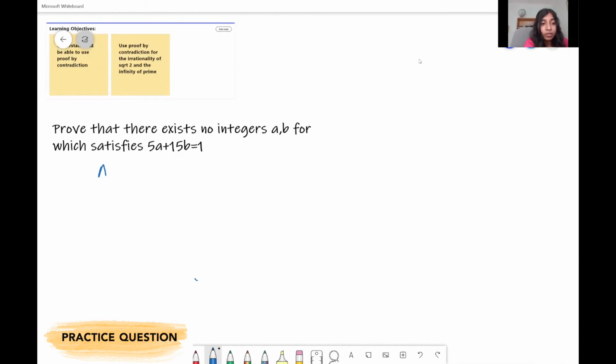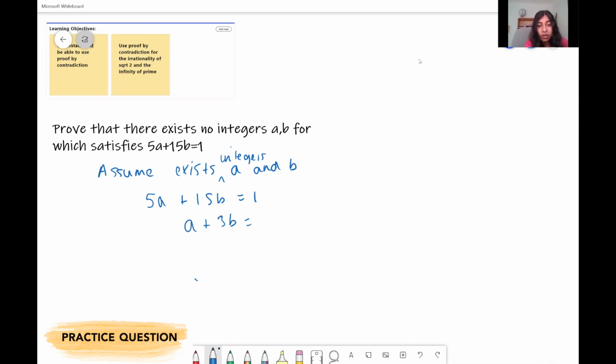So assume that there does exist integers a and b, such that 5a plus 15b equals 1. Then you could simplify this and cancel out 5, so divide everything by 5. So you say a plus 3b is equal to 1 over 5.